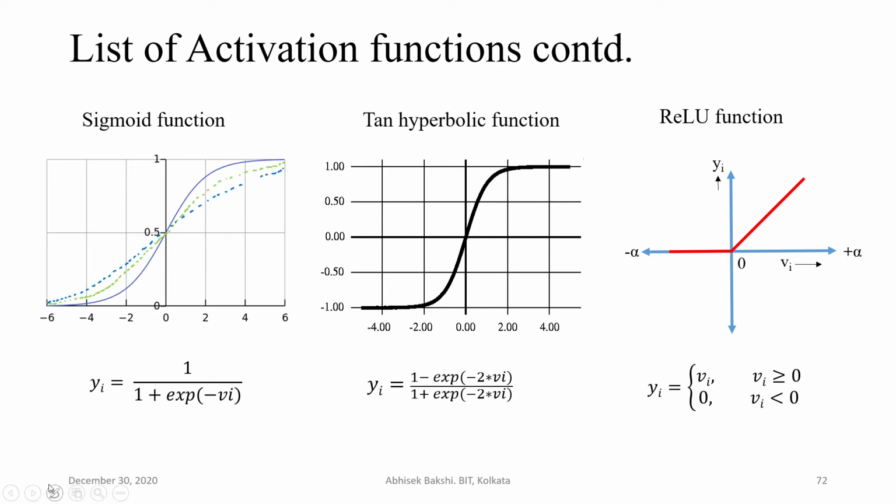So the graph that was given in this particular slide is an ideal curve where v is equal to 1. But if you tune this v with some value, maybe 0.5 or 0.75, you will see the curve is changing.